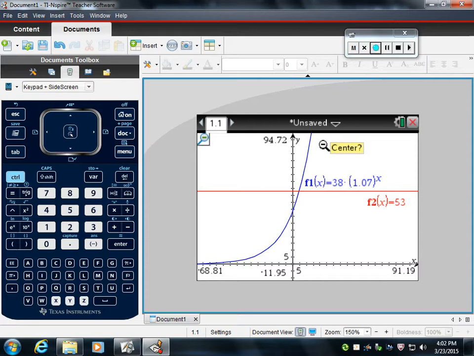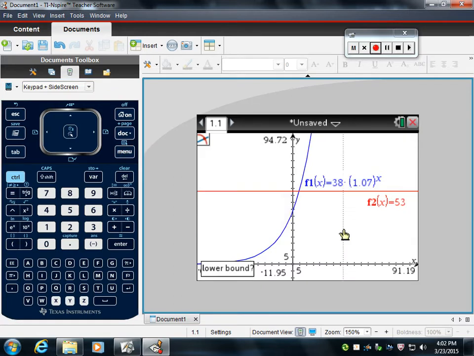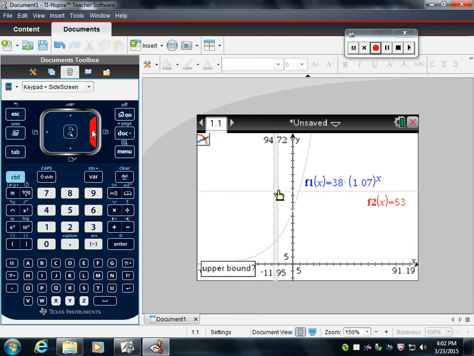So what we're looking for is where our horizontal line intersects our exponential curve. So remember, that's menu, analyze graph, intersection. You want to left bound it, right bound it until intersection pops up. Hit enter.